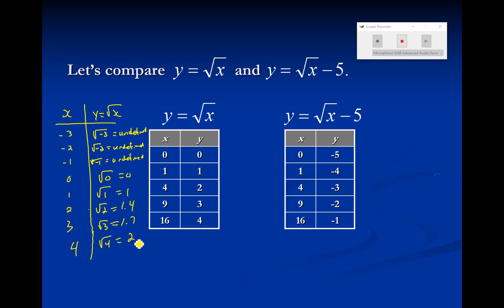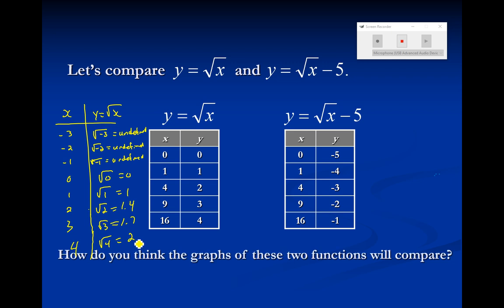So then, how do you think the graph of the two functions will compare? What will root x minus 5 look like compared to root x? And that's okay, even if you don't know what root x looks like, because you didn't do the investigation yet. How will these compare if I'm going to subtract 5 from all the y values? Just down 5.